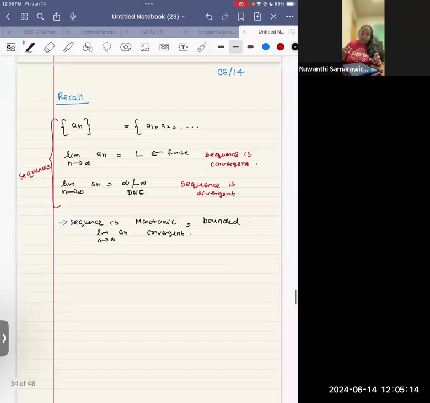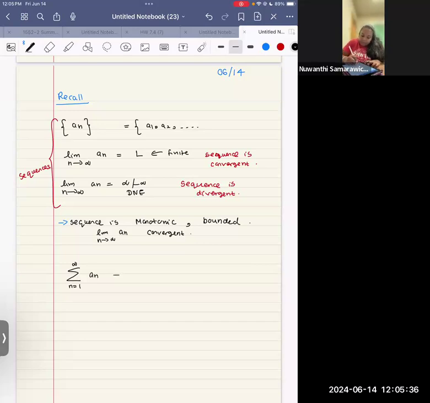Let's recall what we did yesterday, that is series. What is a series? We write an infinite series as the sum from n equals 1 to infinity of a sub n.